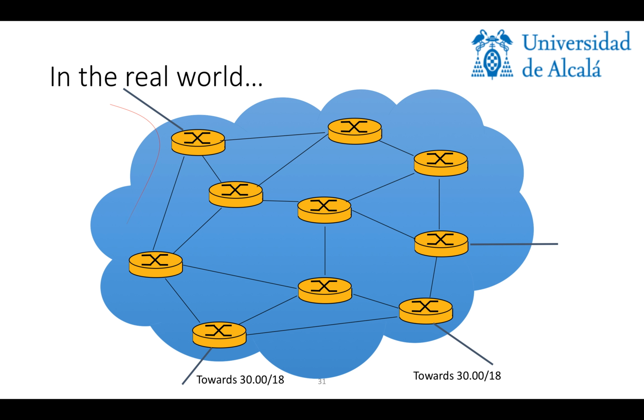So, for instance, if we receive a packet intended towards the 1300 path, and we receive it through the upper left router, it would go by hot potato routing towards the bottom left router, while if we receive it via the middle right router, it would go by the bottom right interface. Again, because of hot potato routing. Remember, we try to leave the AS as soon as possible.